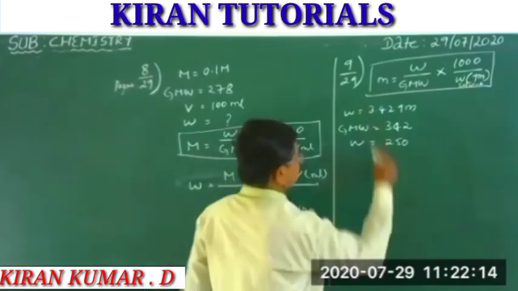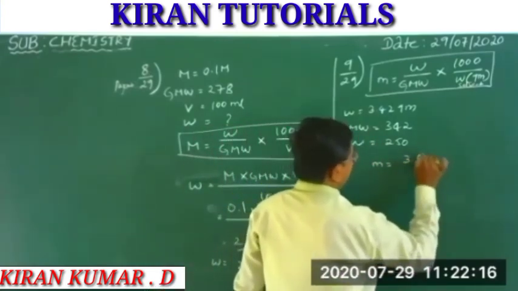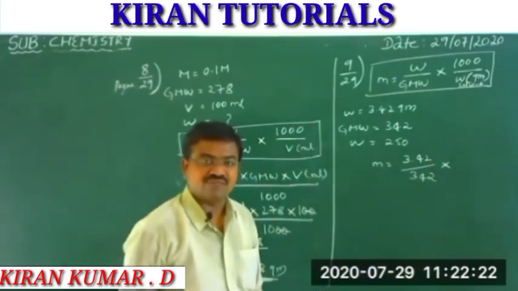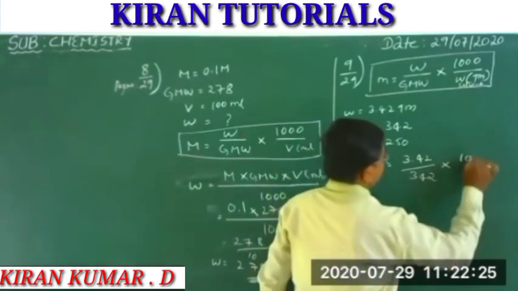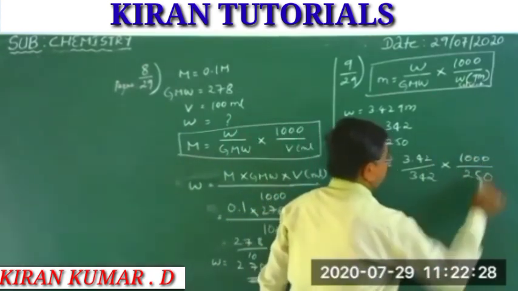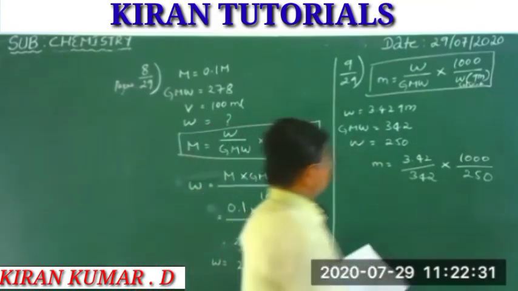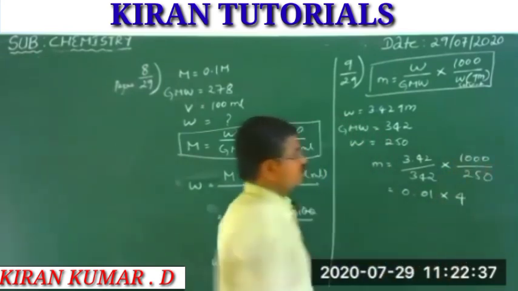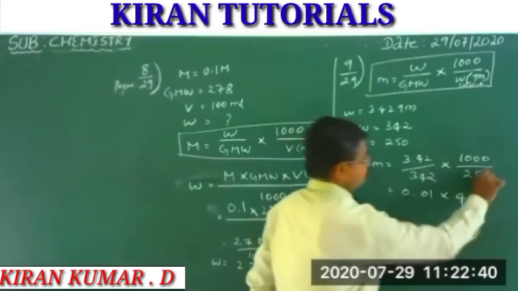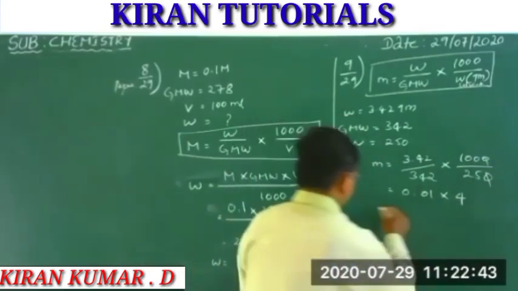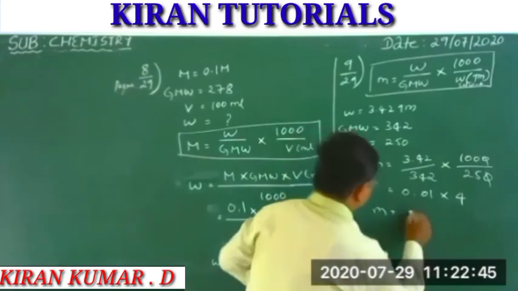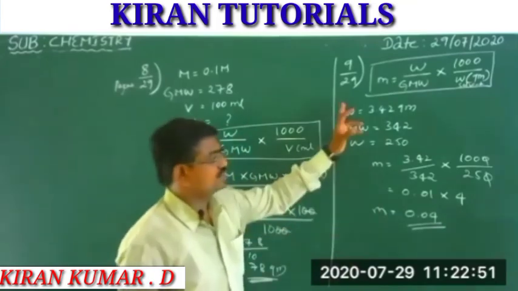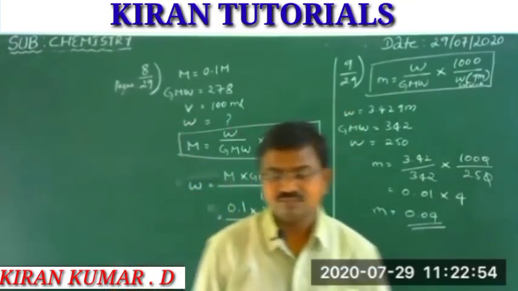Now substitute, M is equal to 3.42 by 342 into 1000 by 250. Clear? So here 0.01 into 4. So what is the answer? Molarity is equal to 0.04. That is the molarity of the solution. Clear?